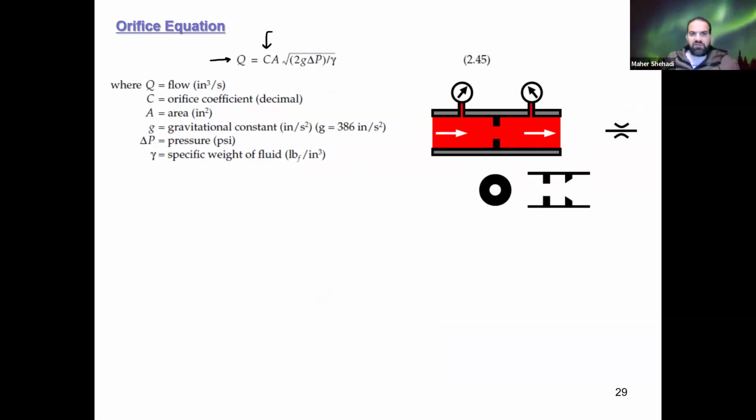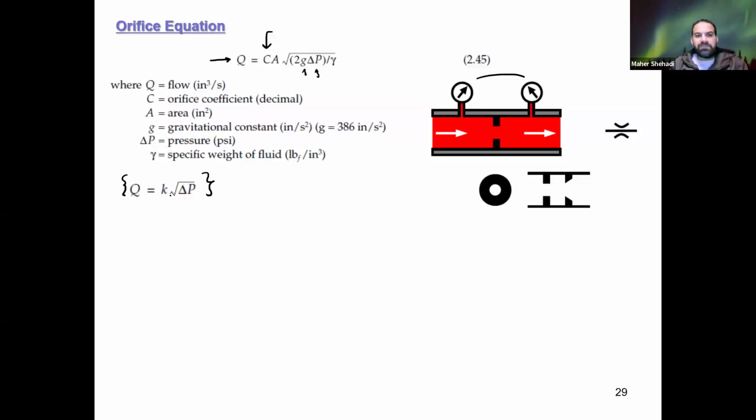It has an orifice coefficient, C, times the area times the square root of 2g times the pressure drop before and after, divided by the specific weight. Or you can also use some experimental data, which would give you a very similar equation: Q equals K square root of delta P. Why is it the same?